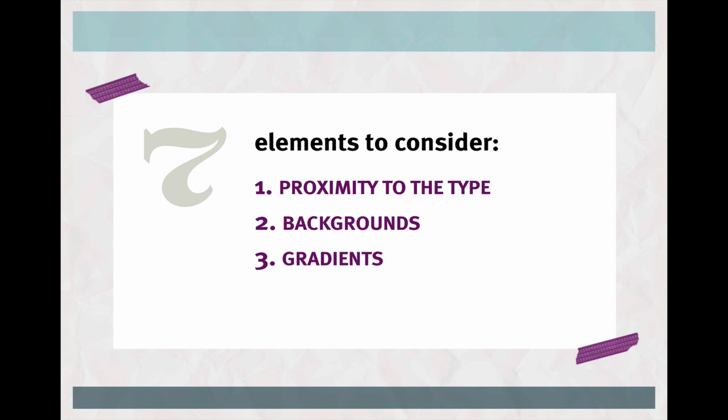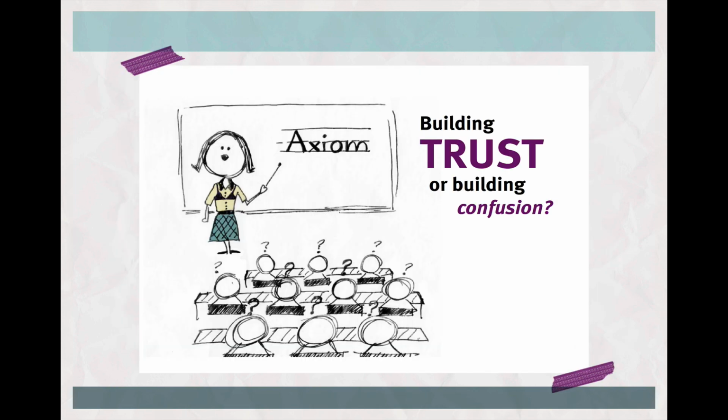Gradients probably should never be used, so avoid it. It's a bell and whistle that, when used by most people, is used incorrectly. And again, you are building trust, not confusion. So if I put my bra on the outside of my shirt, it would still work, but no one would know what I was talking about.